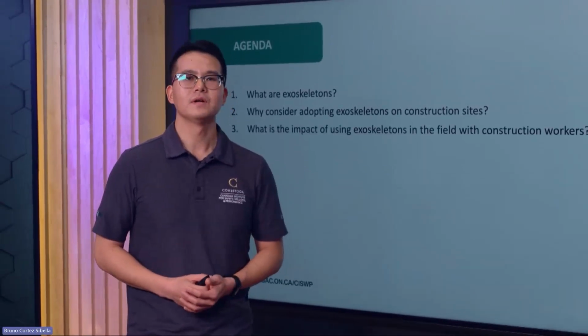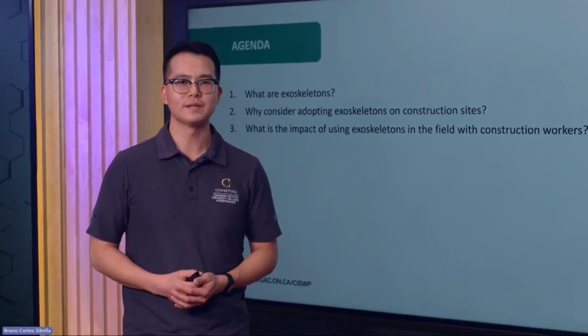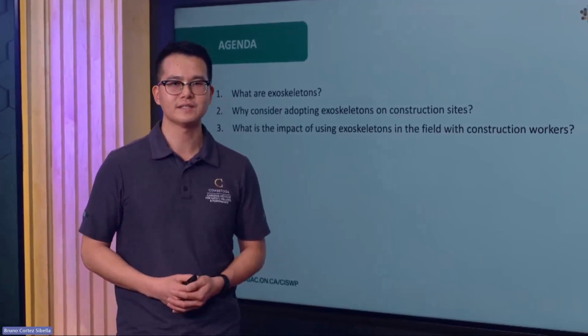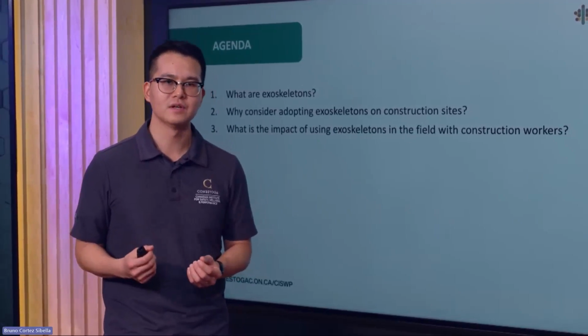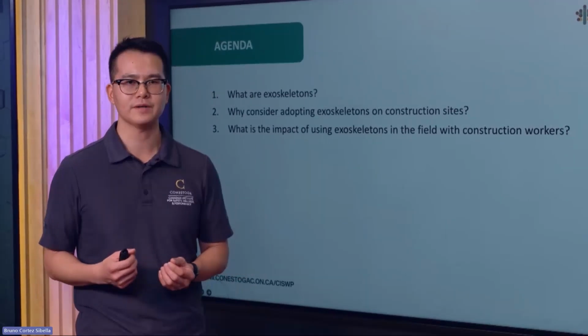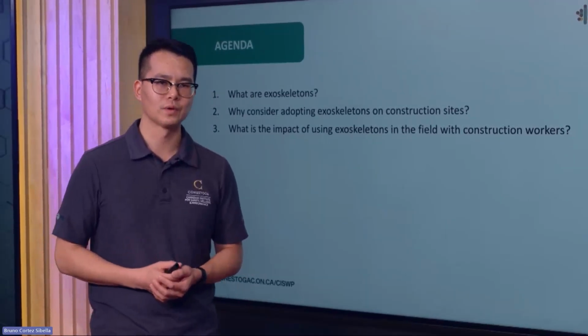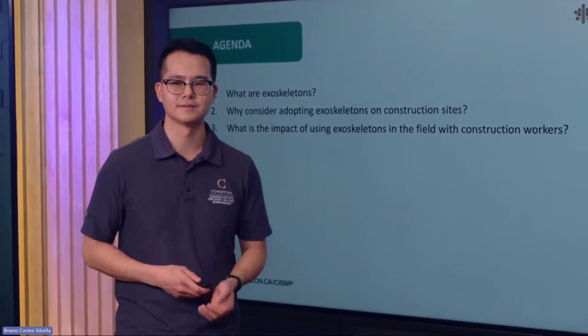And lastly, I'll share some findings from a recently published field study that we've conducted, trying to answer what are construction workers' perspectives on using exoskeletons for their work, and how did it impact their work, discomfort, and fatigue.